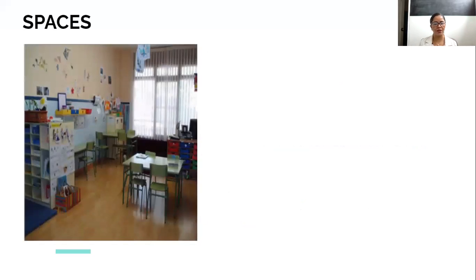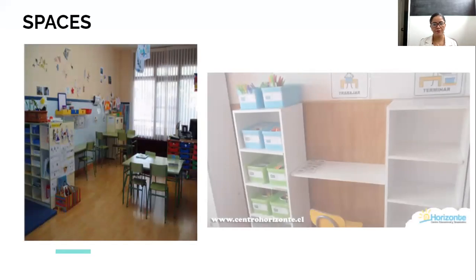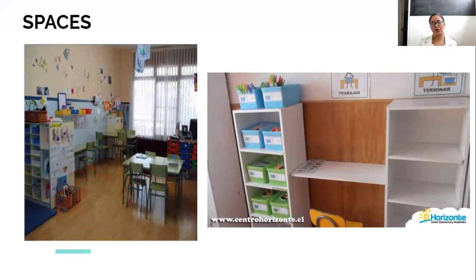So I'm going to give you an example of spaces in a classroom. This was taken from a kindergarten school. So the idea is to label the objects that you have in the classroom, hopefully with words and also pictograms or images. This is another example of organization of a space in which you can keep your resources.